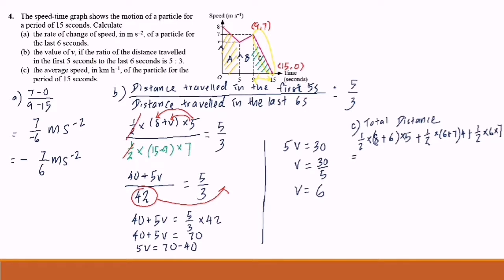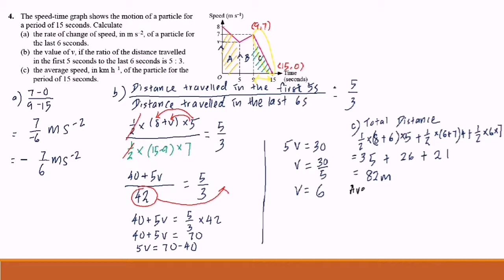Area of part A is 35, plus area of part B is 26, plus area of part C is 21. So total distance is 82 meters.